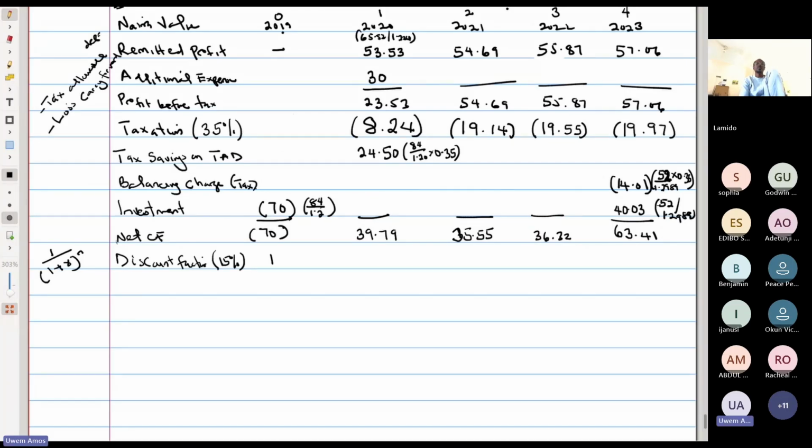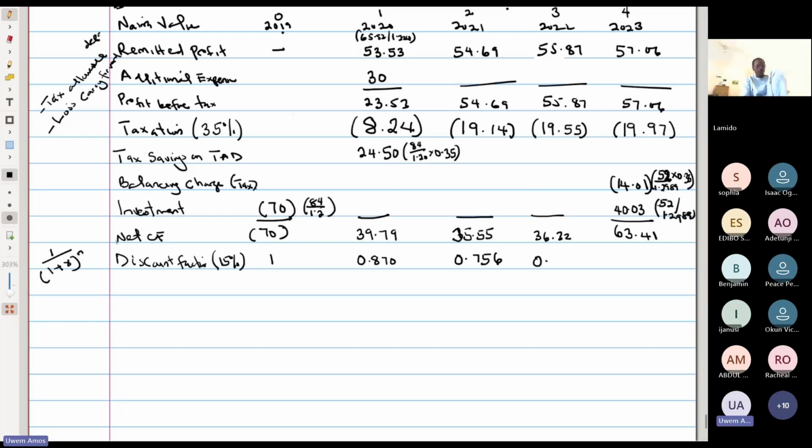So the next one, 1 divided by 1 plus the rate, which is 0.15, raised to the power of 1, gives us 0.870. 1 divided by 1 plus 0.15 raised to the power of 2 gives us 0.756. 1 divided by 1 plus 0.15 raised to the power of 3 gives us 0.658.